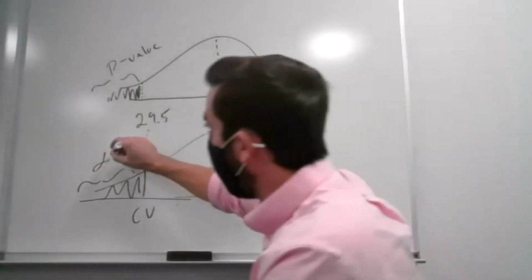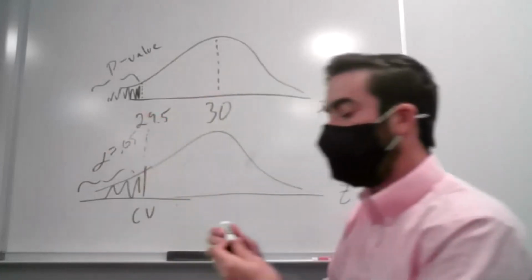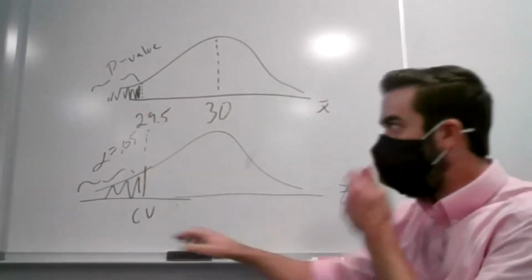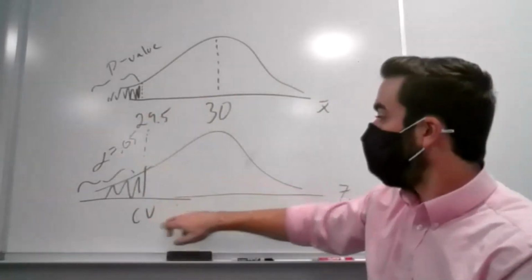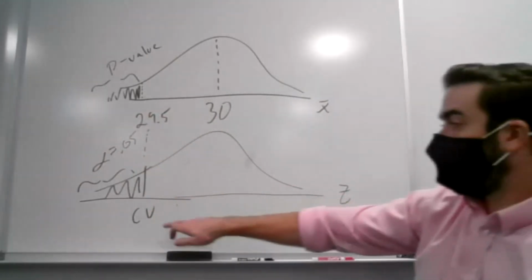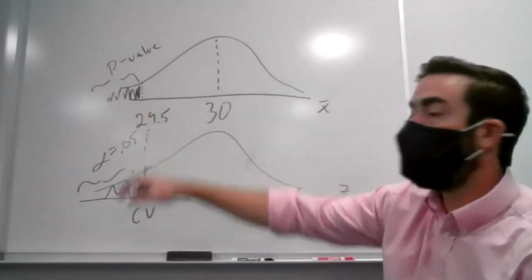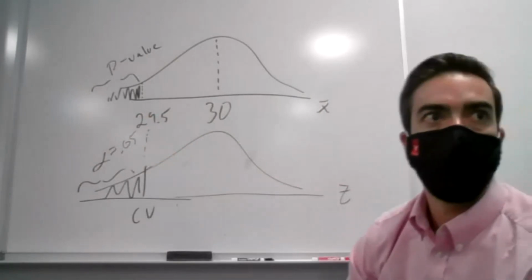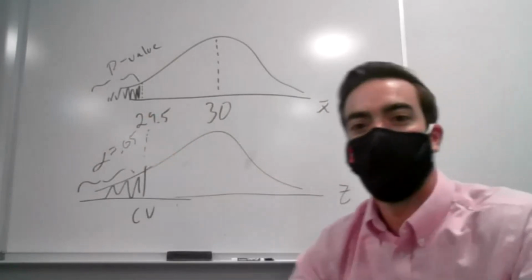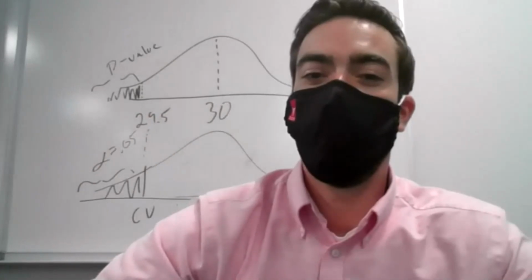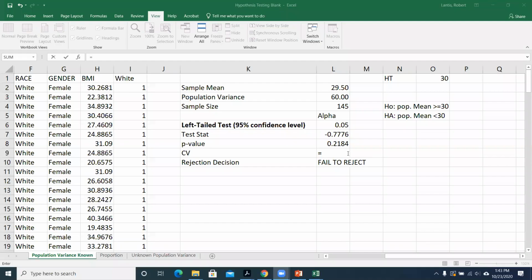If I know the alpha in the tail I want is 0.05, what function can I use in Excel to tell me what z value, what critical value, would give me the area of 0.05 in the tail? What function in Excel? We just used it before. So not norm.s.dist, but norm.s.inv.